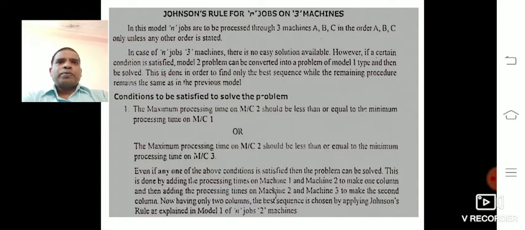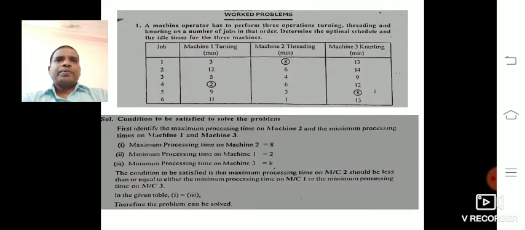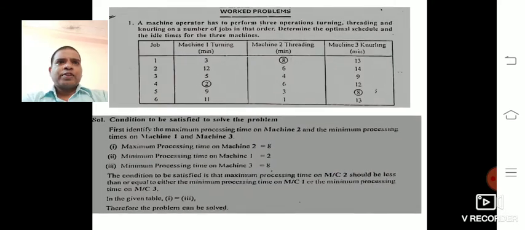Now we have only 2 columns and n number of jobs, so we can apply Johnson's rule for n jobs and 2 machines. I am going to explain these steps while solving this problem.